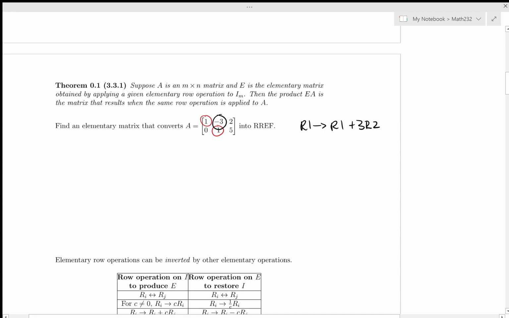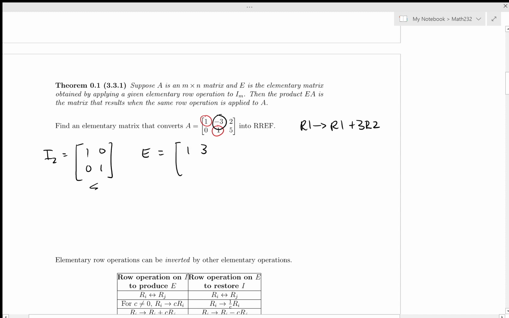So I'm going to now take the matrix I2. That looks like that. And then I'm going to form an elementary matrix E, which is going to look like this. I'm going to take R1 plus 3R2.